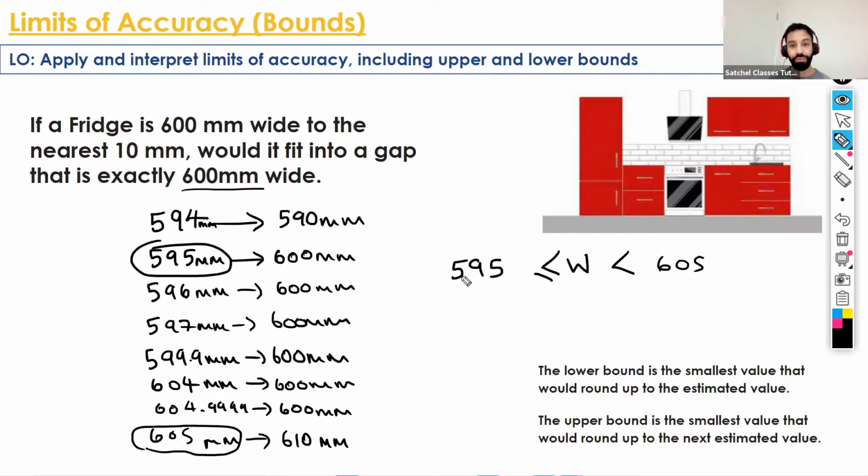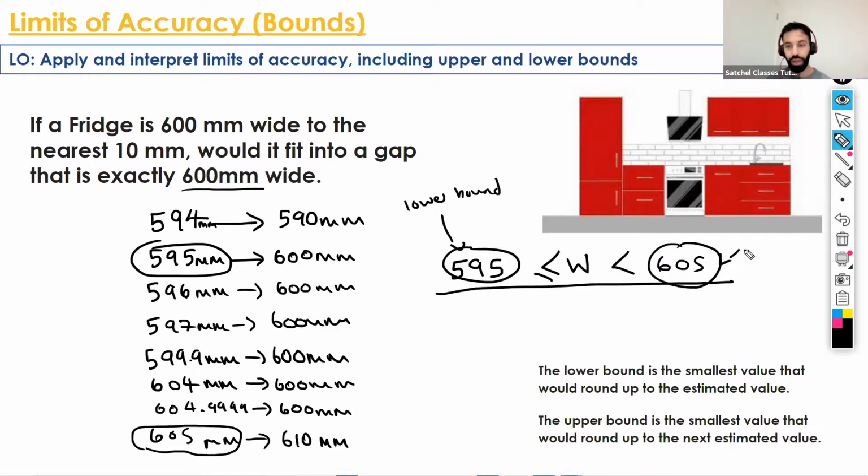So all values from 595 all the way up to, but not including 605, could be the width of our fridge. And this is what we call an error interval. Our error interval is made up of our lower bound and our upper bound.